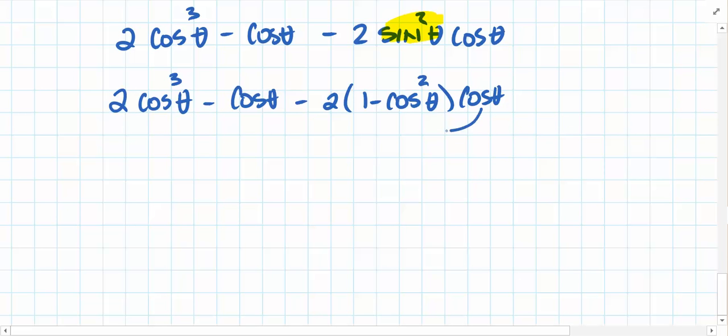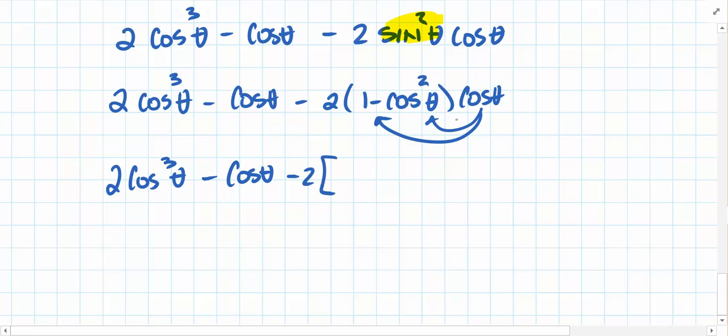Again, I'm going to distribute in my cosine. And I'm going to get 2 cosine cubed theta minus cosine theta minus 2 times, let's see here, there's going to be cosine theta and then minus a cosine cubed theta.